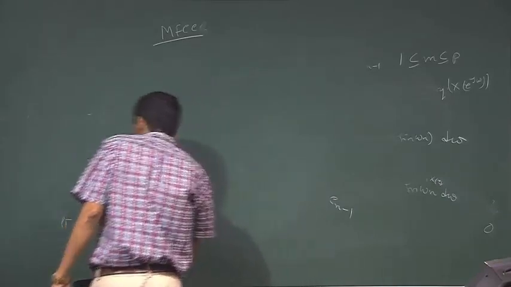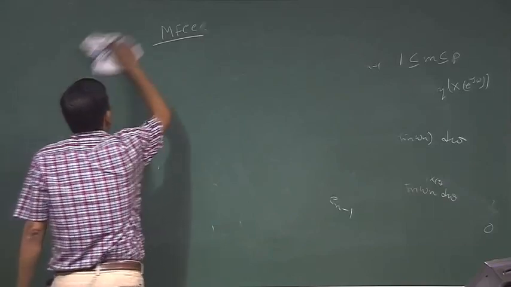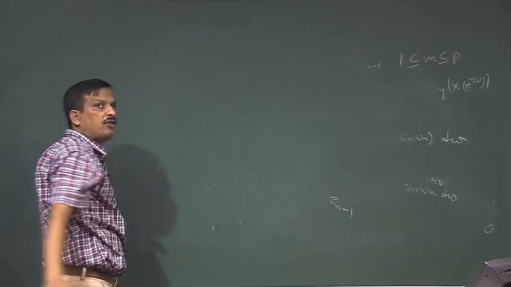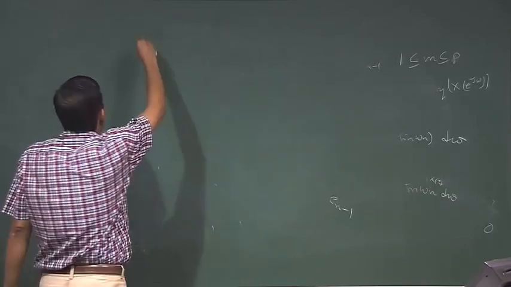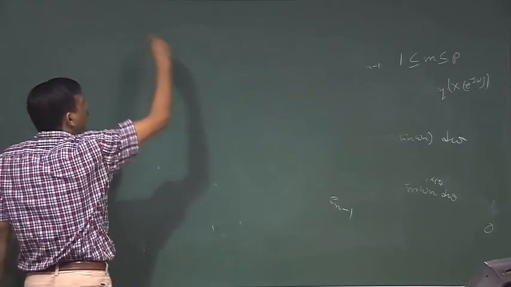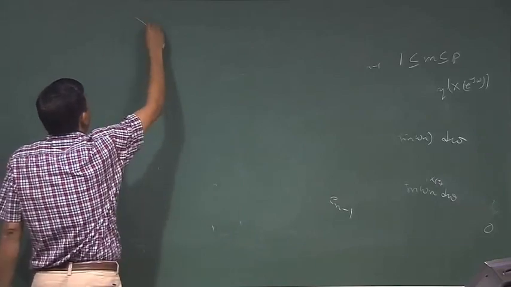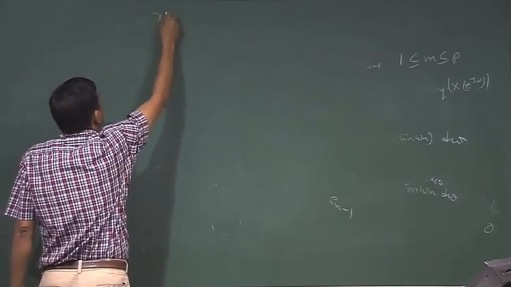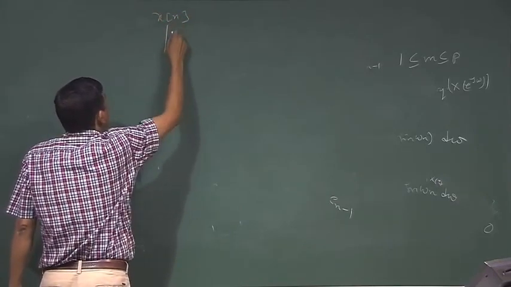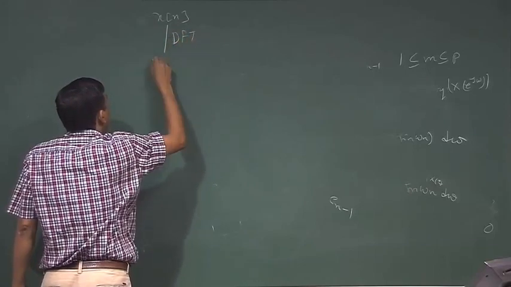So, what we said is that if I take the spectrum of a speech signal, how do you draw it? You know, if xn is my time domain signal, if I apply DFT, I will get Xk.